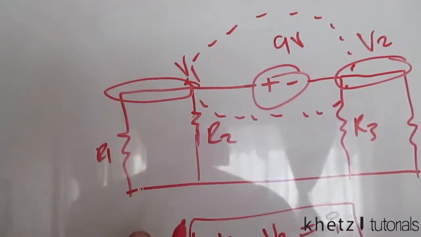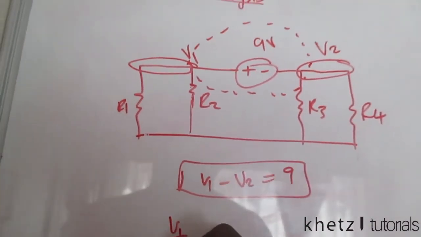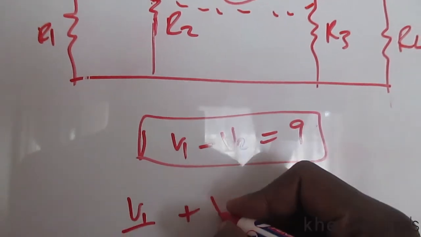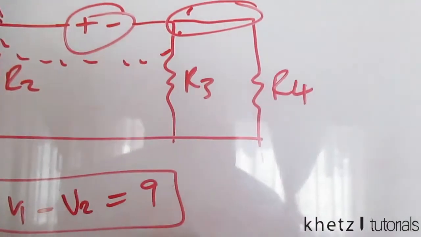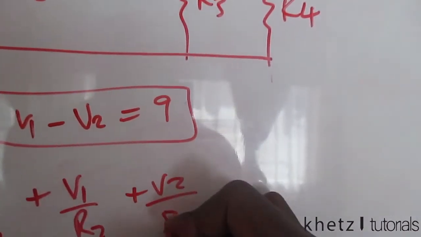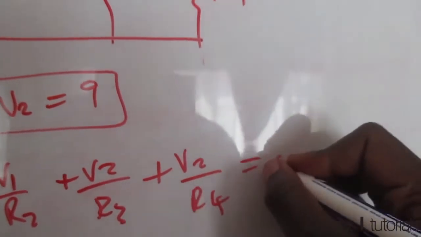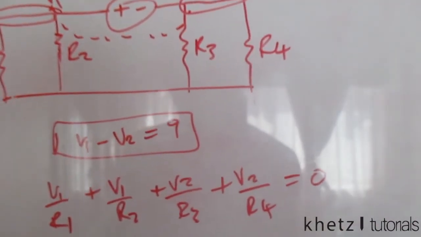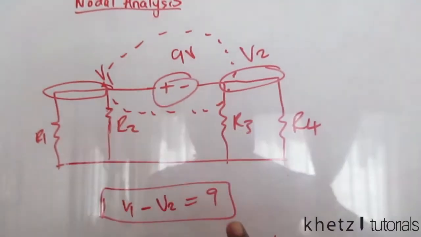On this side, you'd say V1 divided by R1, plus V1 divided by R2. Then moving on to this side, plus V2 divided by R3 plus V2 divided by R4 is equal to 0. And these are your two equations, and you have two variables, and therefore you can solve for whatever you need. And this is how you treat a supernode.